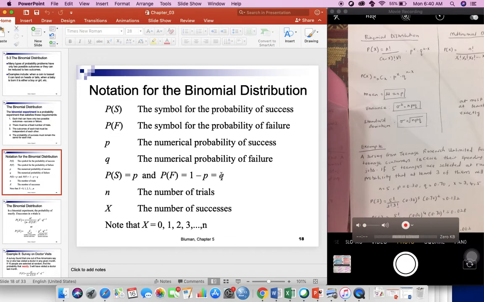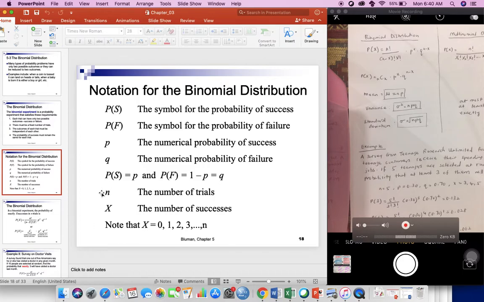Meaning that here p plus q equals 1. If the question just tells you the value of q, you can find the value of p.